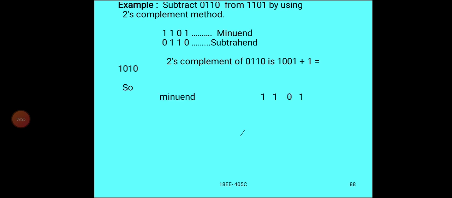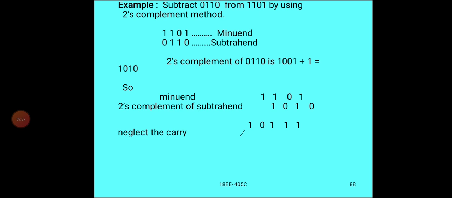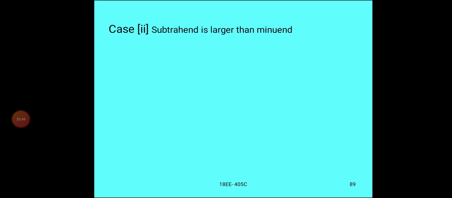So add the minuend 1101 and the 2's complement of the subtrahend 1010. Neglect the carry. We get the result 0111. The difference is 0111.